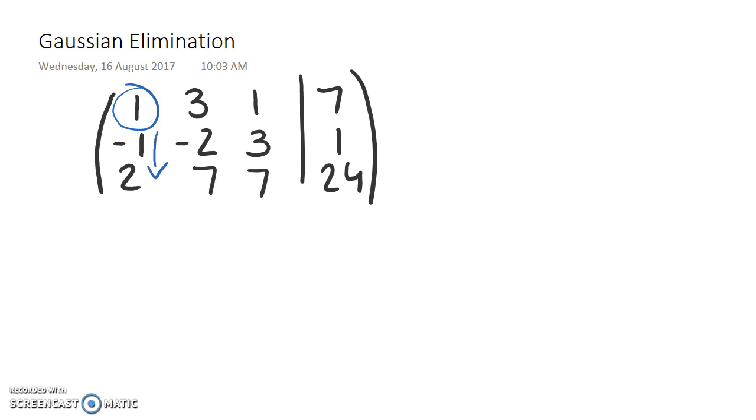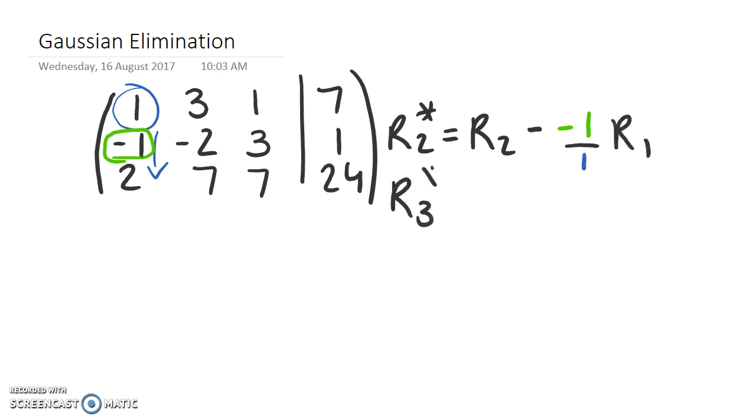So when we're doing this, our new row 2 is equal to the old row 2, take away the number to be zeroed divided by the pivot, times row 1.